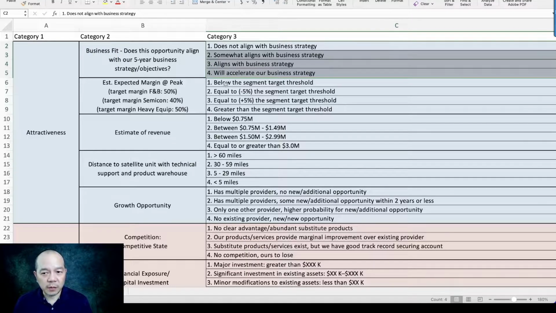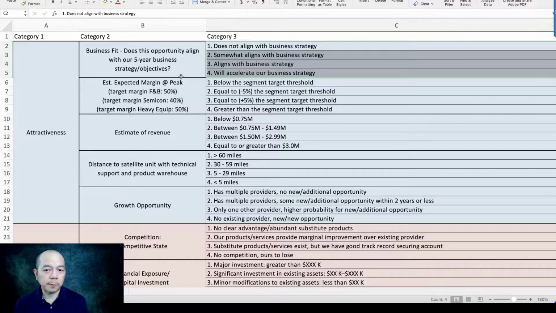For each one of these, for your business, what you'll have to do is build out what is considered attractive in an RFP to you. Build out your category number 2. Those things could be business fit, margin, a revenue conversation.